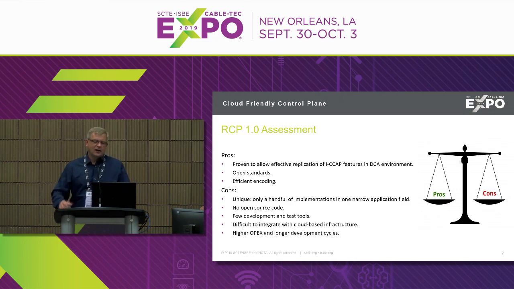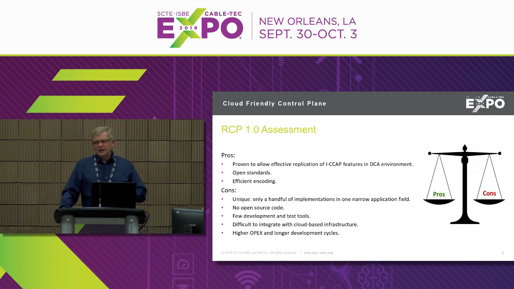On the con side, RCP 1.0 is very unique. It's only implemented in one application field, which is fairly narrow if you compare it to the depth of the ocean of networking applications. There is currently no open source code for the RCP, and therefore there are few development and test tools.